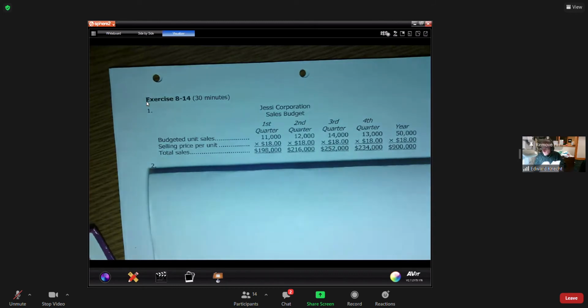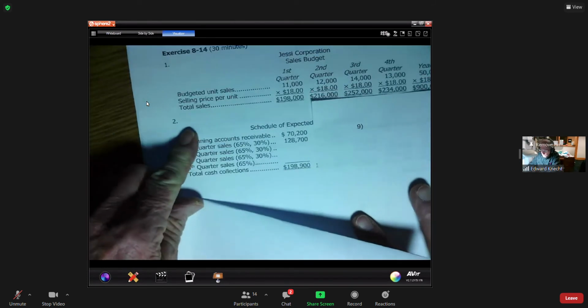So it's just a matter of following what's given you in the problem. So let's take a look at the first quarter. So that's 70,000 that's going to be collected, just like I said. And then 65%, because how much is the quarter sales? 65%.